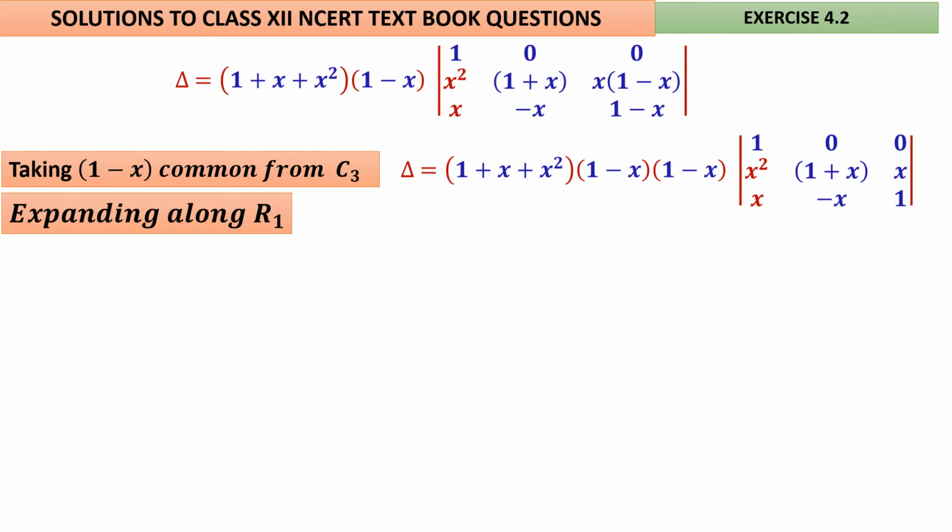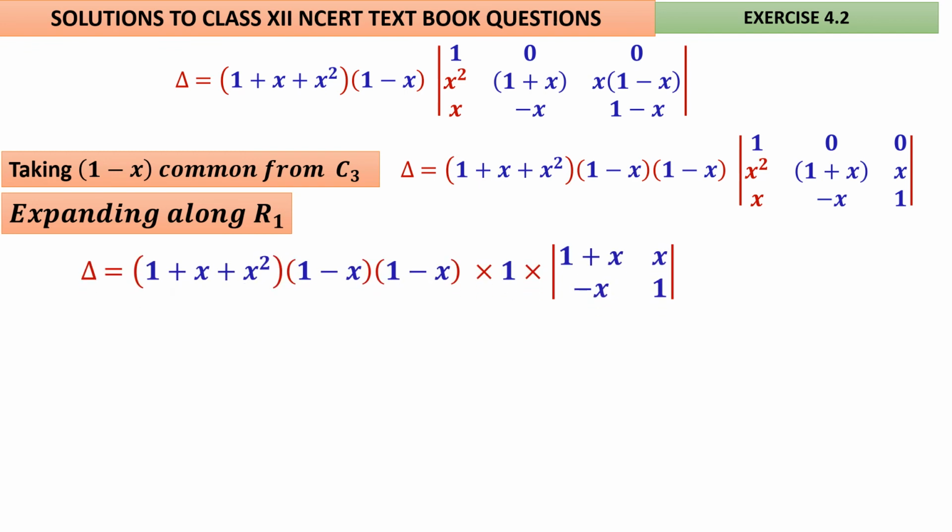Well, let us expand it now. 1 multiplied by, and remaining 0 0, no need to worry about it. The determinant is 1 plus x, minus x, 1. Multiply it. You will get 1 plus x minus x square.